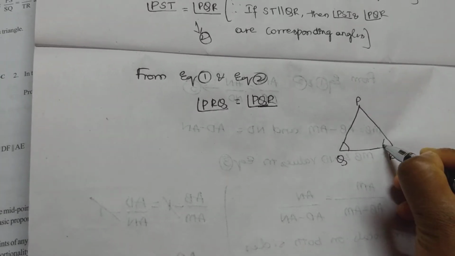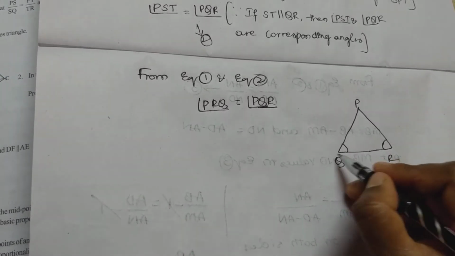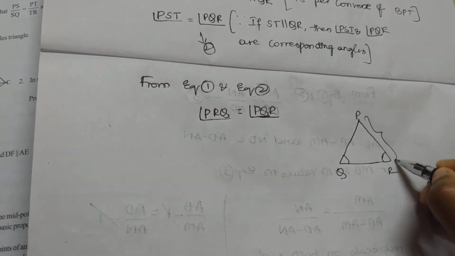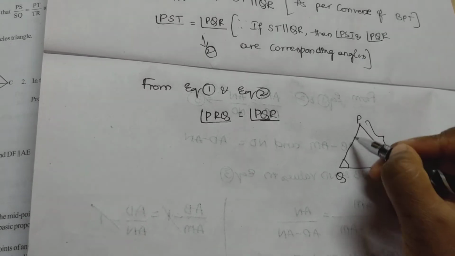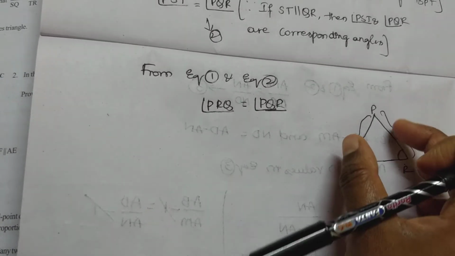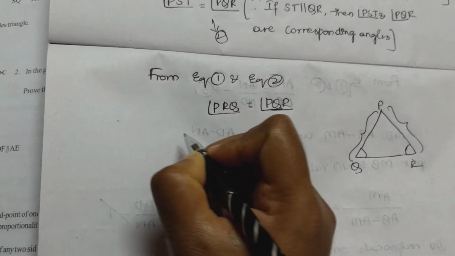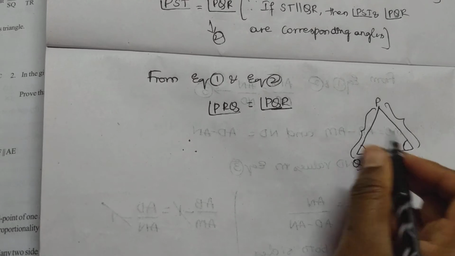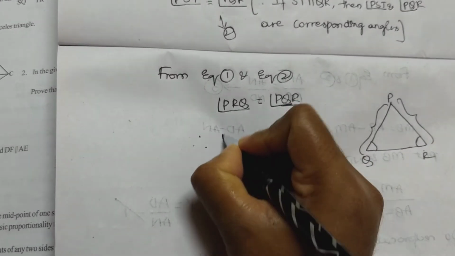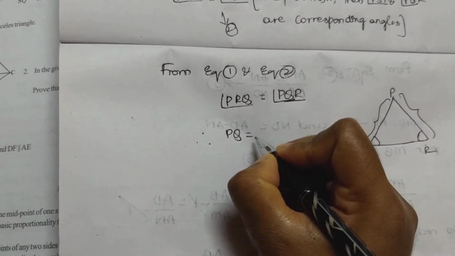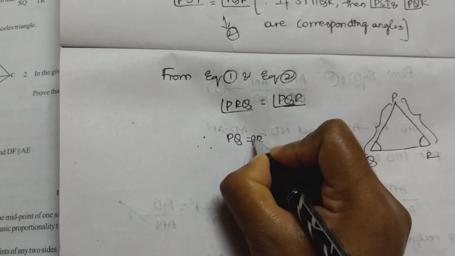In case these two angles are equal, the opposite side of angle Q is PR and the opposite side of angle R is PQ, correct? Then these opposite sides become equal. Therefore, PQ equals PR.